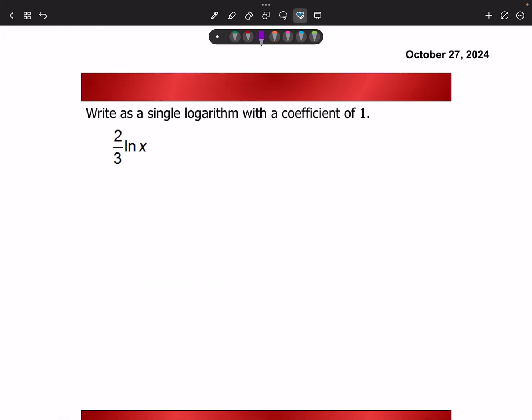Let's try again. This time we have a coefficient of 2/3, and we need to take that 2/3 and move it to the exponent. So we'll have the natural log of x to the 2/3. I can write it like that, or I can put that x to the 2/3 in parentheses. I like to put the argument in parentheses myself.